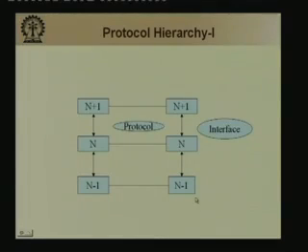So, we have all these different layers: the n plus 1th layer, the nth layer and the n minus 1th layer in general. How they are to be layered, about that also there are some standards, and we will look at at least two of them.